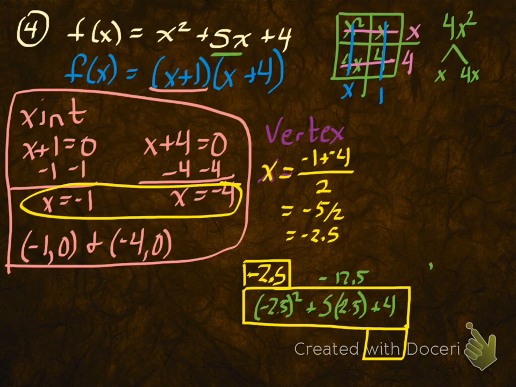So 6.25 minus 12.5 gives us negative 6.25. And then we're going to add 4 to that. And that's going to give us a negative 2 and 25/100ths. And so our vertex is at negative 2.5 and negative 2 and 25/100ths.